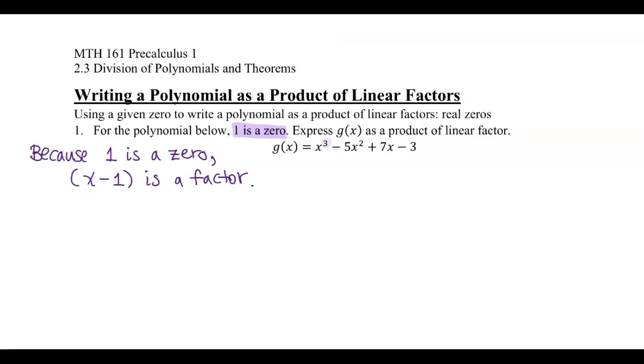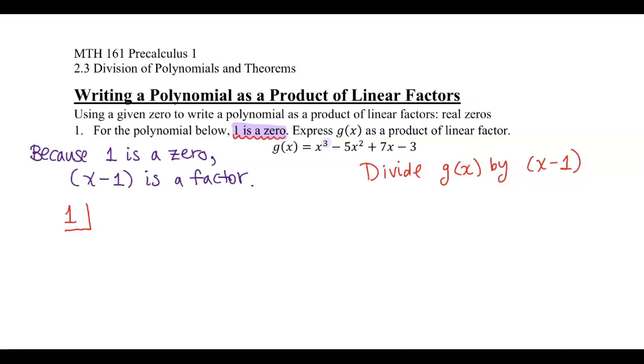I'll divide g of x by x minus 1. It's your choice. You choose either long division or synthetic division. I'm going to do synthetic division. I'll put the 1 in the little box, because they said 1 is a 0.